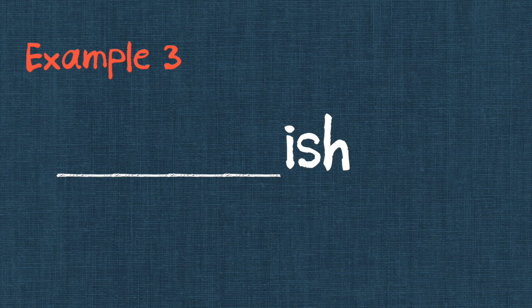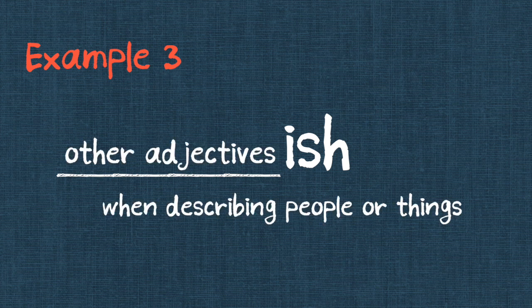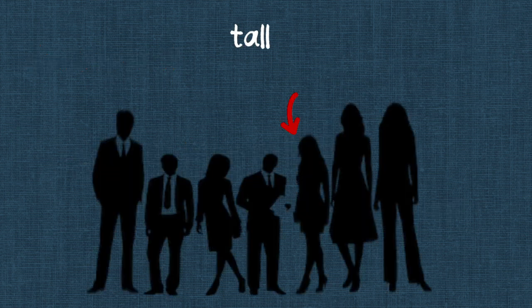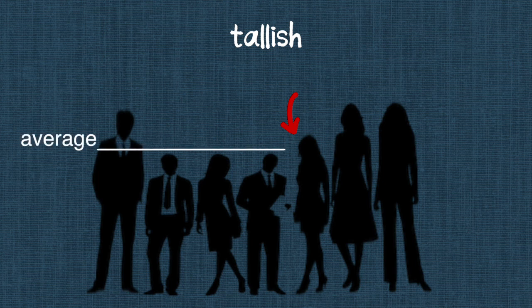Some other ways to use ish with adjectives would be when describing people or things. For example, she is tallish. It means she is not short. She is perhaps taller than average, but she is not very tall. She is tallish.